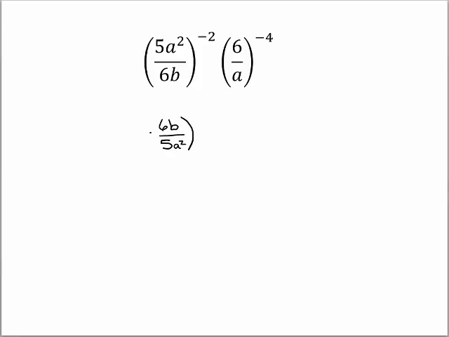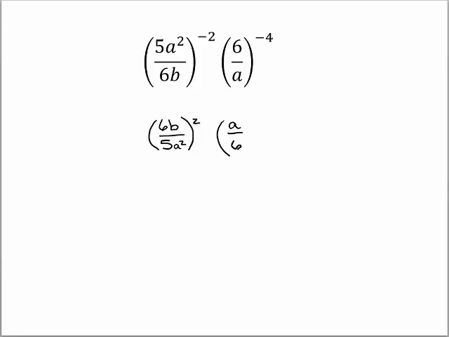And that whole thing is raised to the 2nd exponent, okay? And here we've got a negative 2. Remember, see how we changed this to a positive? We inverted it and changed it to a positive. Well, we're going to do the same thing with this one.